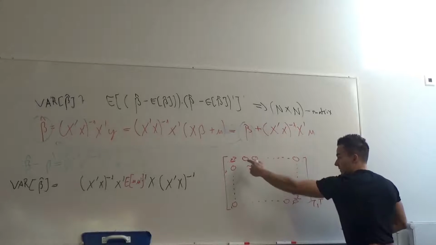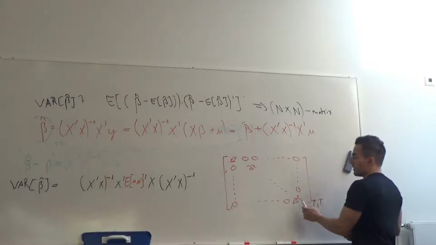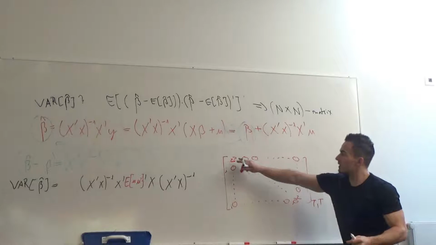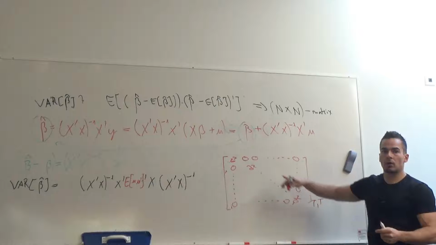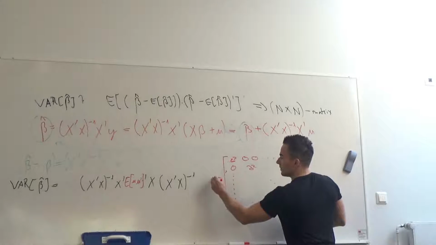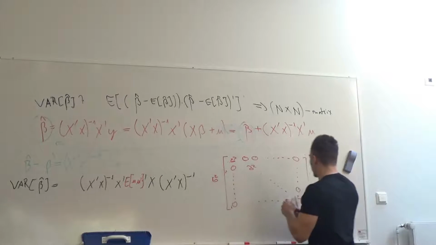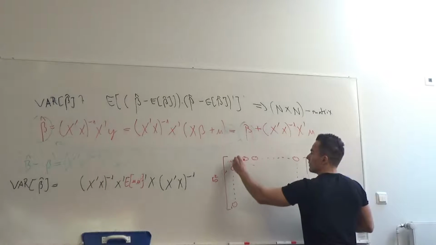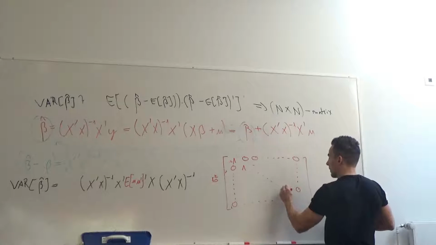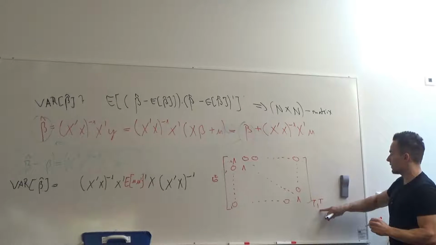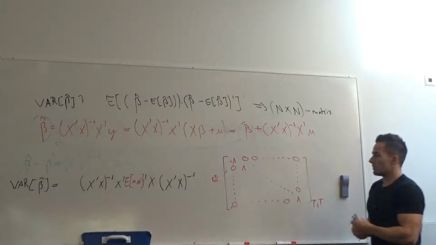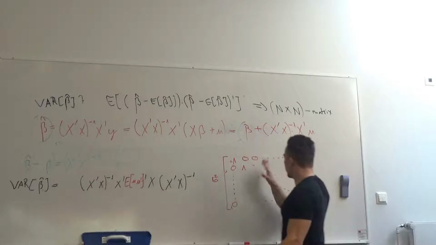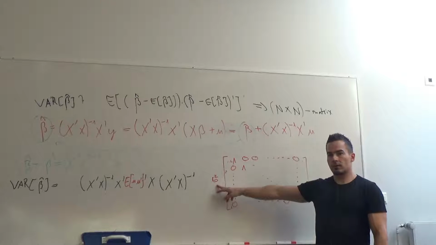Because the sigma squared is the same, we can move it outside the matrix, and what remains is a main diagonal with ones. So let's move sigma squared out. What we get on the main diagonal is just ones, and that's the identity matrix of dimension T times T. That's what we have here in the middle of our matrix. It's the identity matrix and sigma squared.